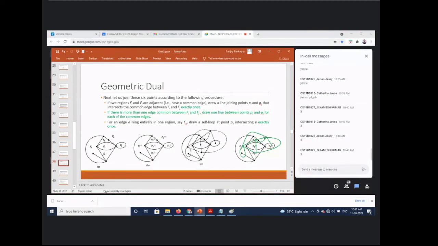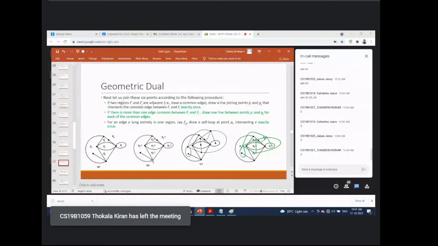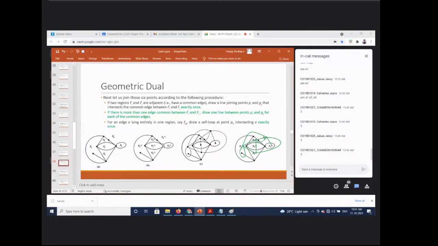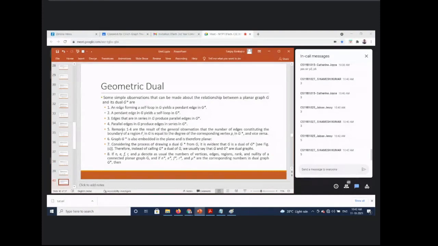What are those? This one semicircle big edge, next this edge, and the self loop edges 3, 4 and 5. How many degrees does P6 have? Exactly 5.